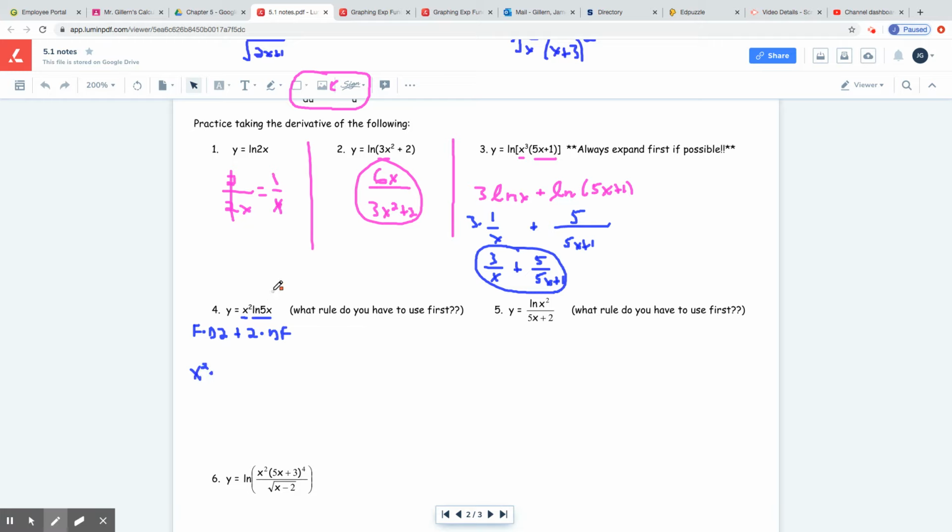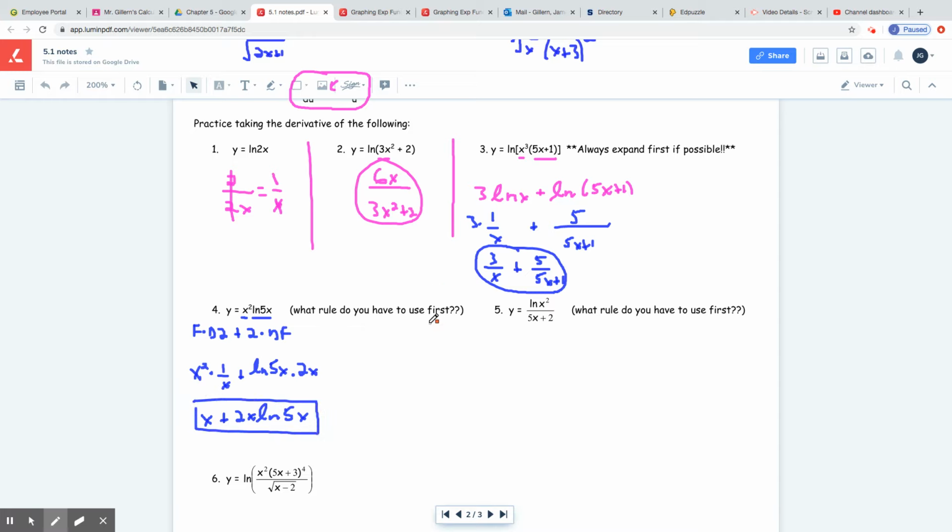Well, it's 5 over 5x, which is just 1 over x, plus the second, which is the natural log of 5x, times the derivative of the first, which is 2x. All right, x squared over x, those x's cancel, make this x plus 2x natural log 5x. There's your answer.